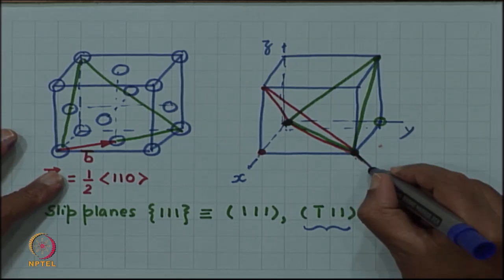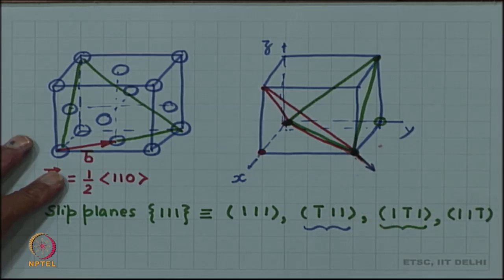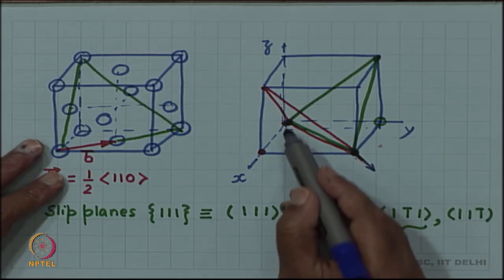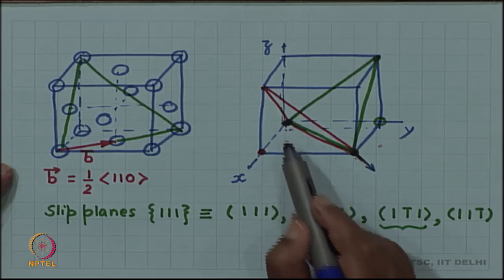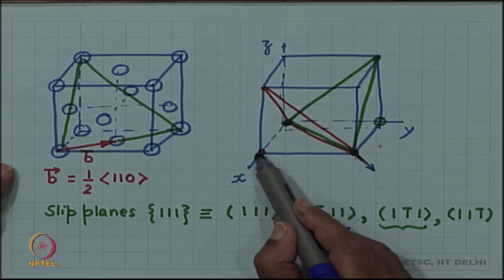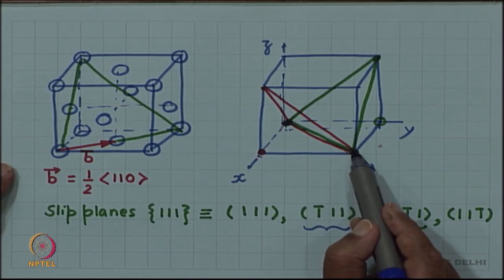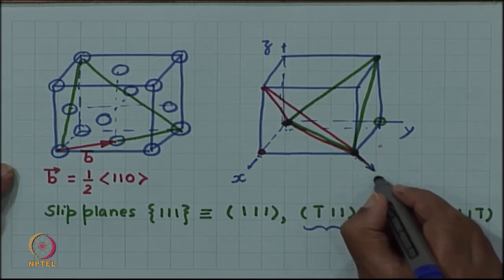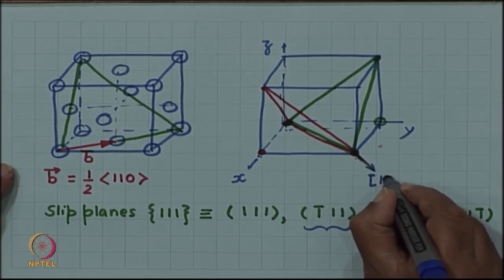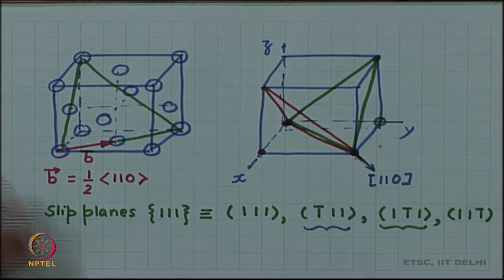which is the bottom face diagonal along this, and this direction you can index using Miller indices, because I can take one step along x and one step along y to generate this vector. So, this direction is 1 1 0.